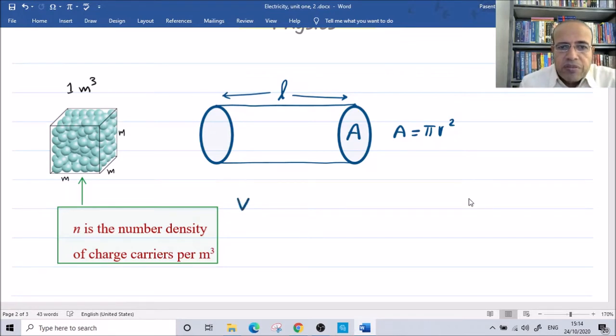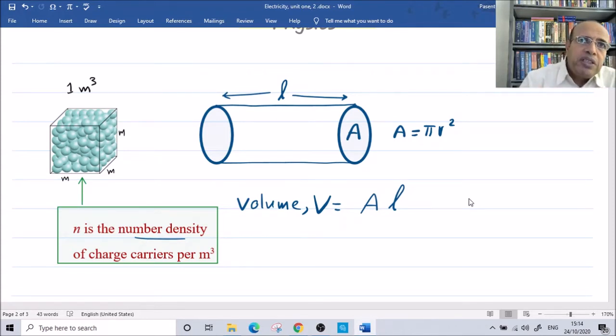The volume, denoted by V, is AL, the cross-section area multiplied by the length of the conductor. Let N be the number density of charge carriers per meter cubed of conductor. Each conductor has N, which depends on the type of conductor. So N is the number of free electrons in 1 meter cubed of the conductor. But this volume is not meter cubed, it is a part of meter cubed.